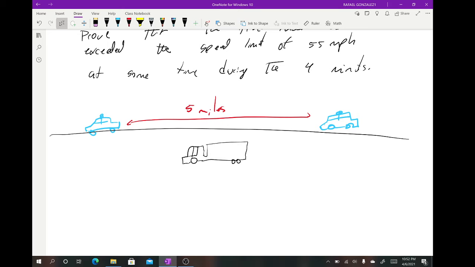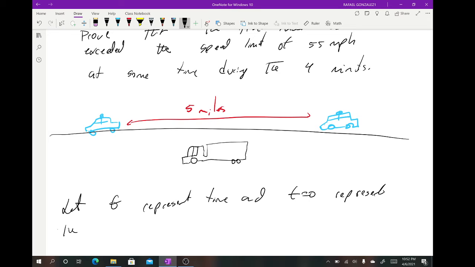All right, let's actually introduce some variables here so that we could begin to talk a little bit about this problem in a way that makes more sense. I'm going to let the variable t represent time, and t equal to 0 represent the time when the truck passed the first police car.